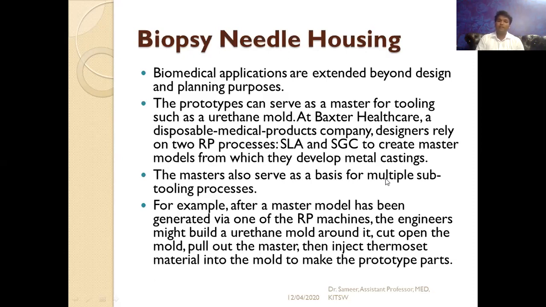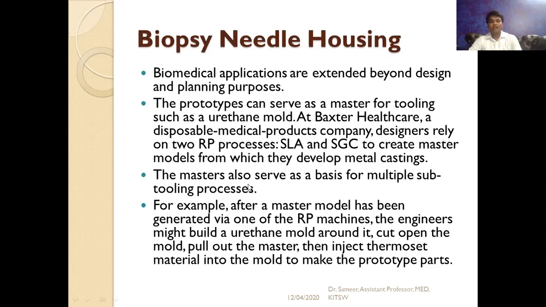That master pattern in this application was created using two RP processes, SLA and SGC. SLA stands for stereolithography apparatus, and SGC stands for solid ground curing. These are two methods of manufacturing additive manufacturing products.